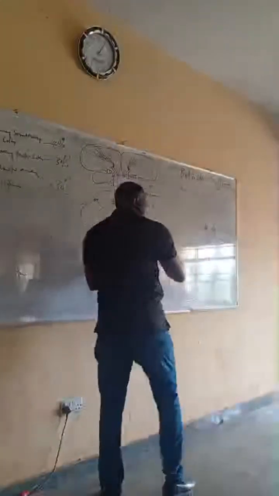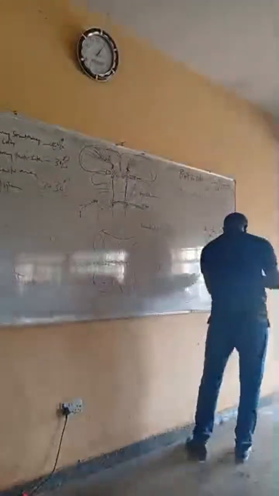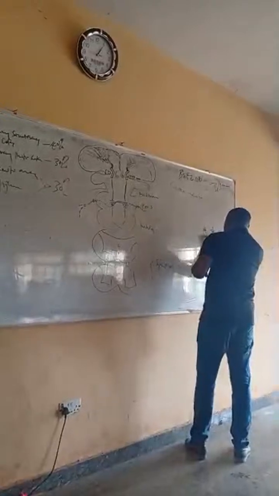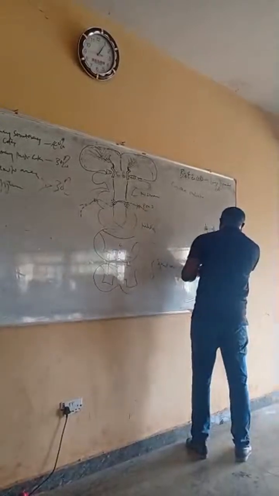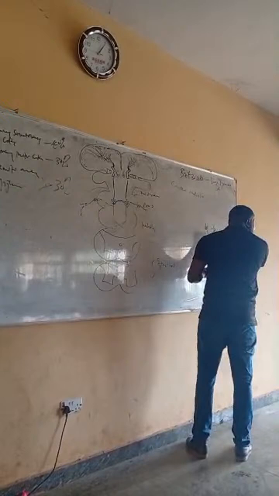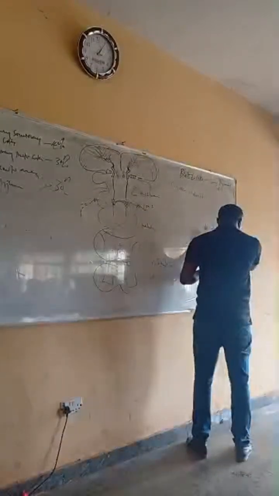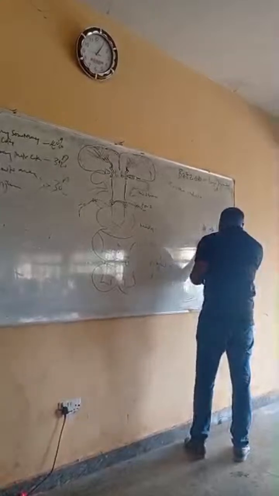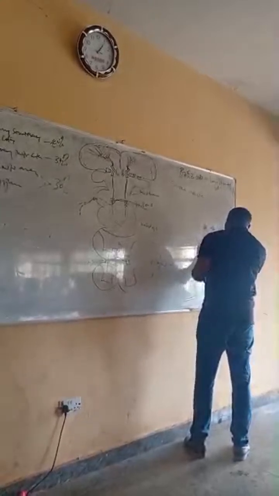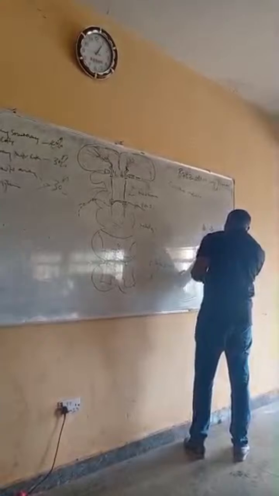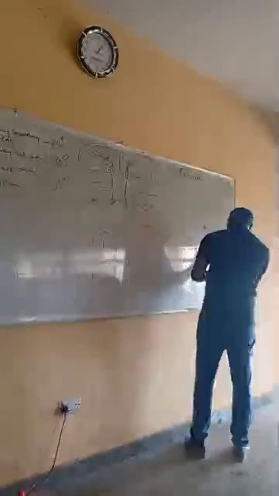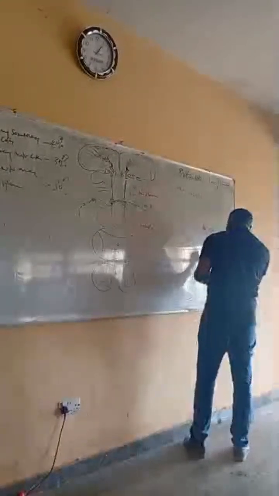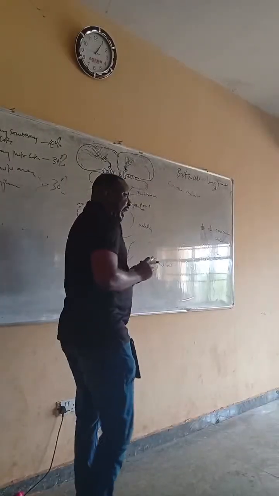Now, this fiber will pass through the cerebral peduncle to go down the pons. Then around the pontomedullary junction, there will be decussation.